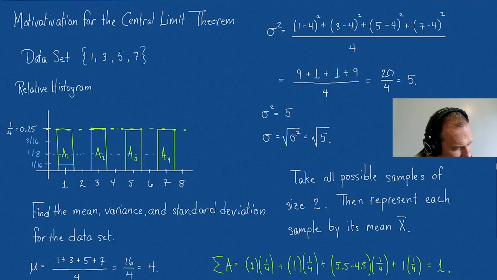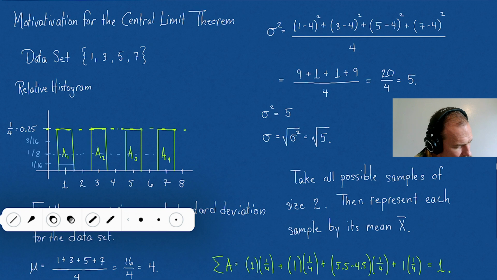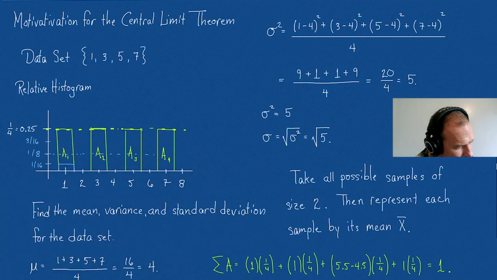So that bar now, I'm going to do this with a thicker pen too. My bar is going to go up to 2/16, over to 2.5, and then back down. Well, 3's occurred 3/16 of the time. So I'd go from 2.5 up to 3/16, over to 3.5, back down.